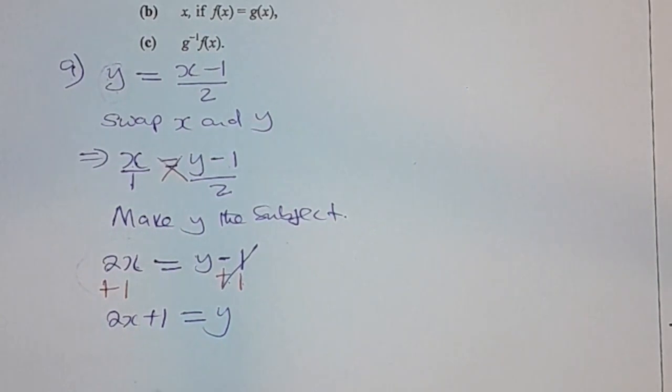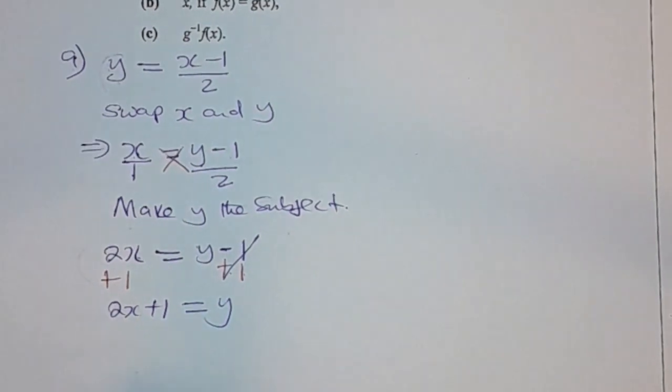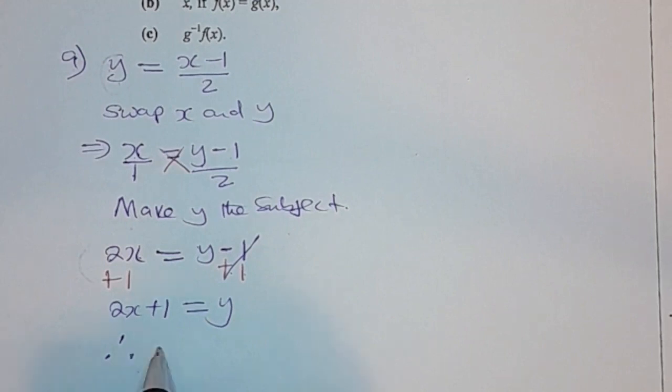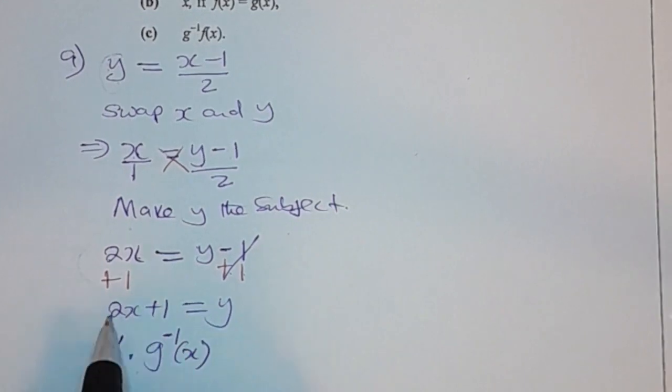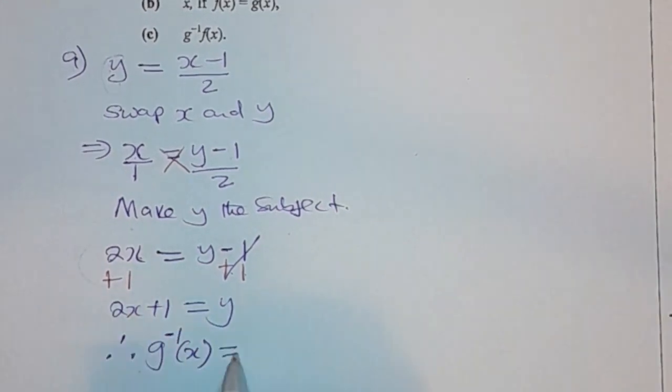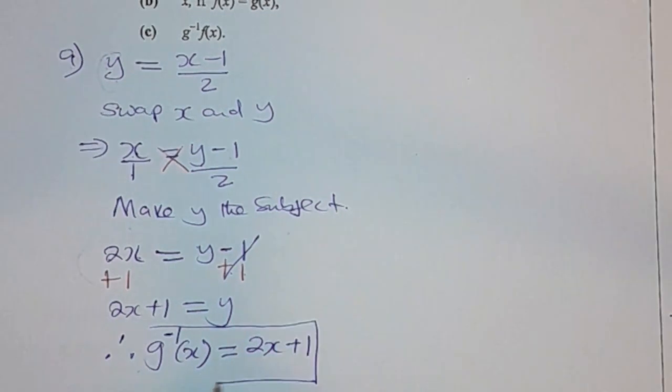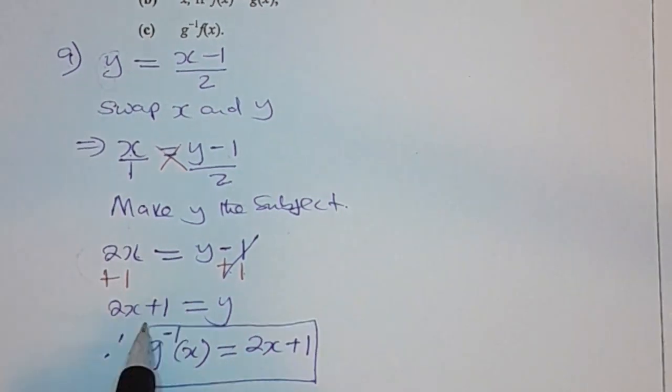You just have to conclude and say, therefore, the inverse of the function g of x is equal to 2x plus 1. So this is the inverse of the function g.